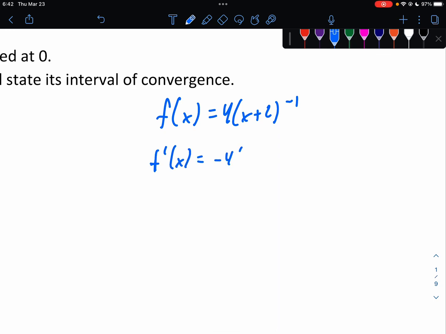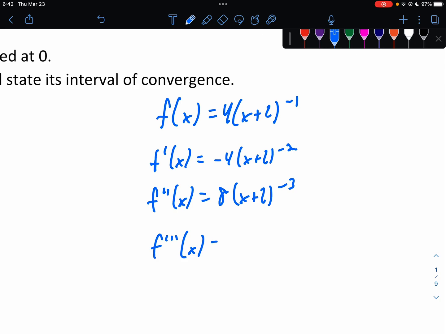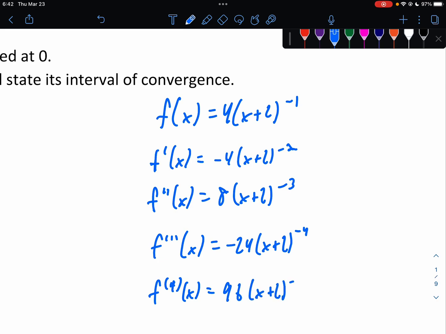So negative 4 (x plus 2) to the negative 2, 8 (x plus 2) to the negative 3, negative 24 (x plus 2) to the negative 4, and one more just for good measure here. That would be 96 (x plus 2) to the negative 5th.